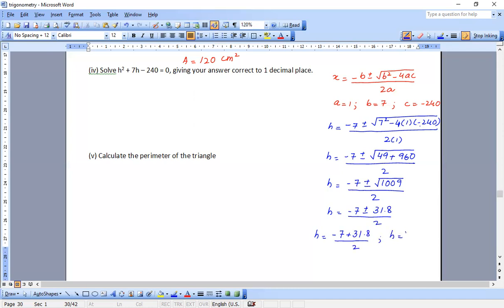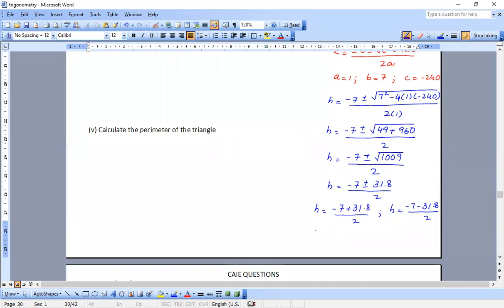Subtracting 7 from 31.8 gives 24.8 divided by 2, which is 12.4 centimeters.